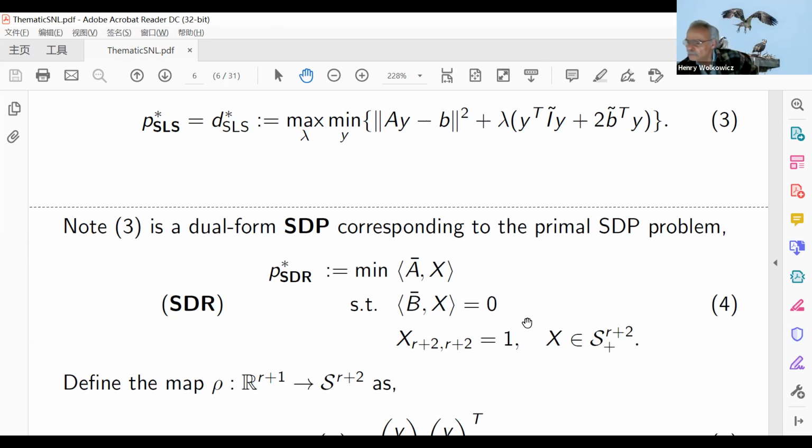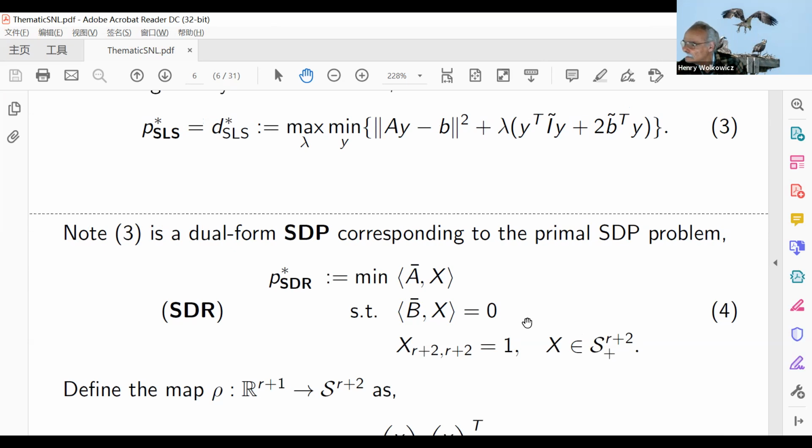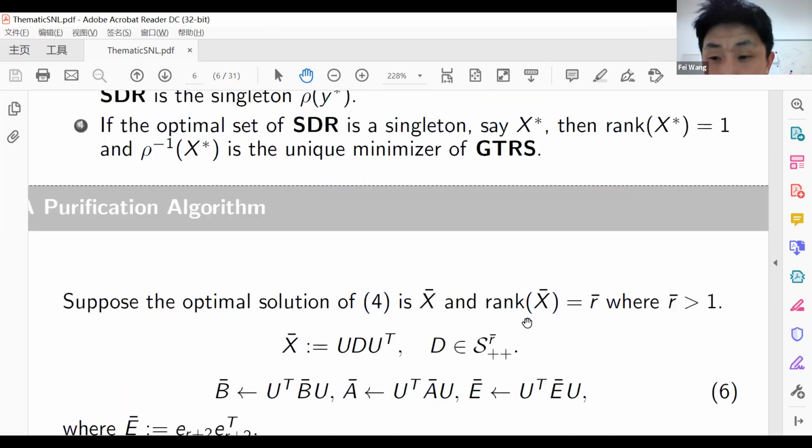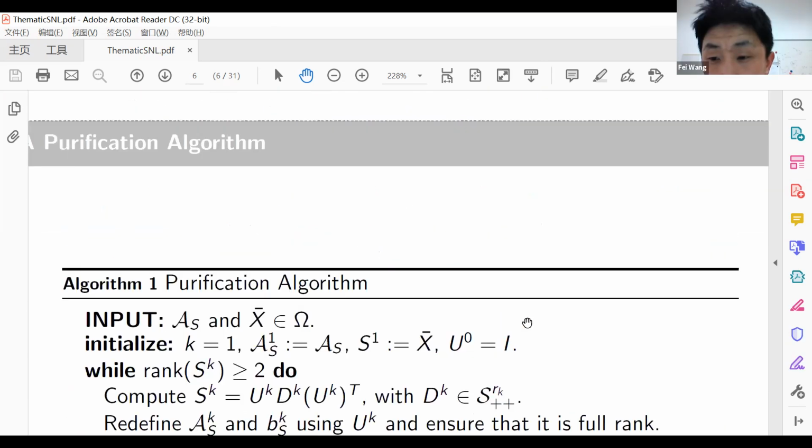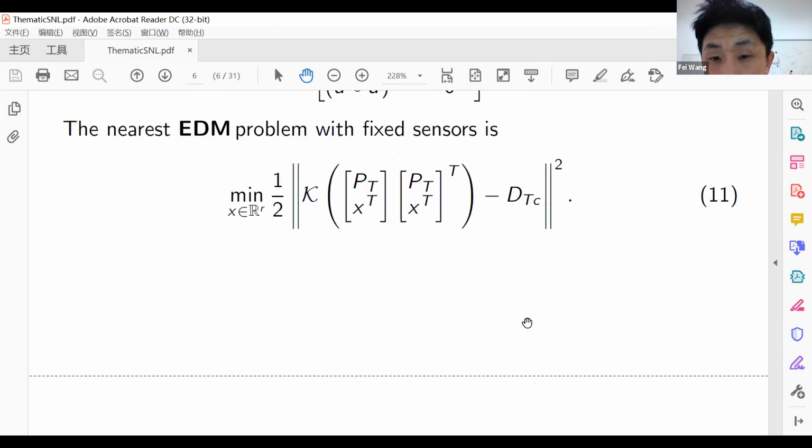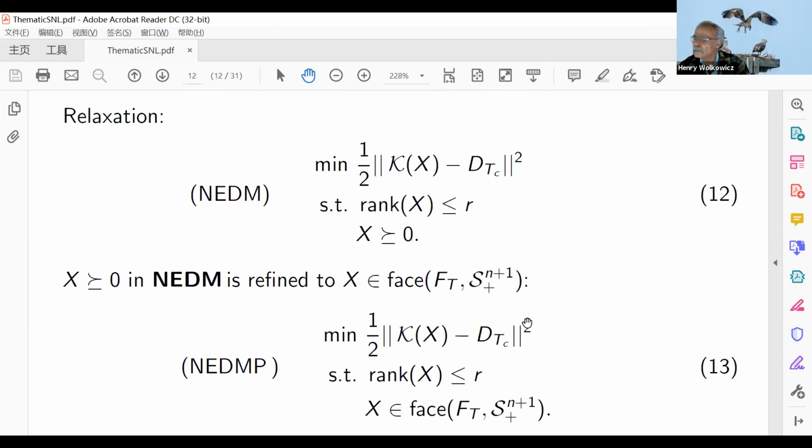Also, can we see equation 12 again? And 17.